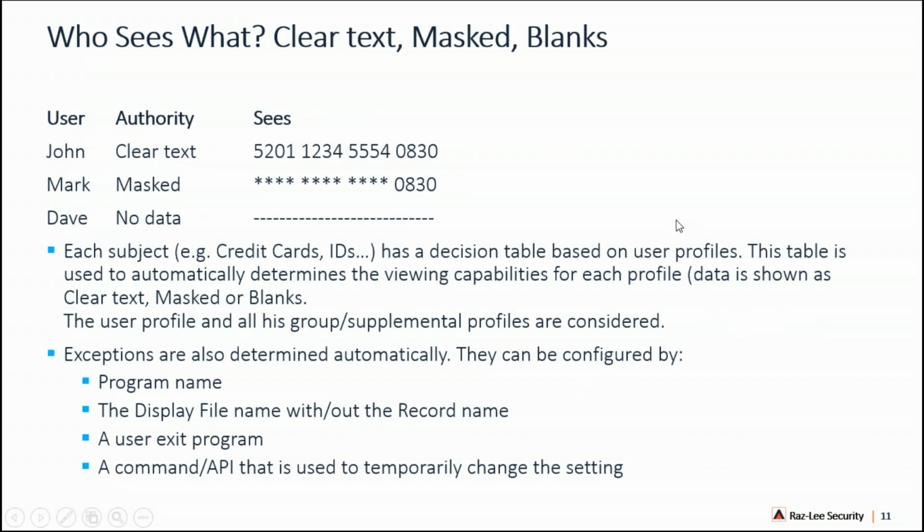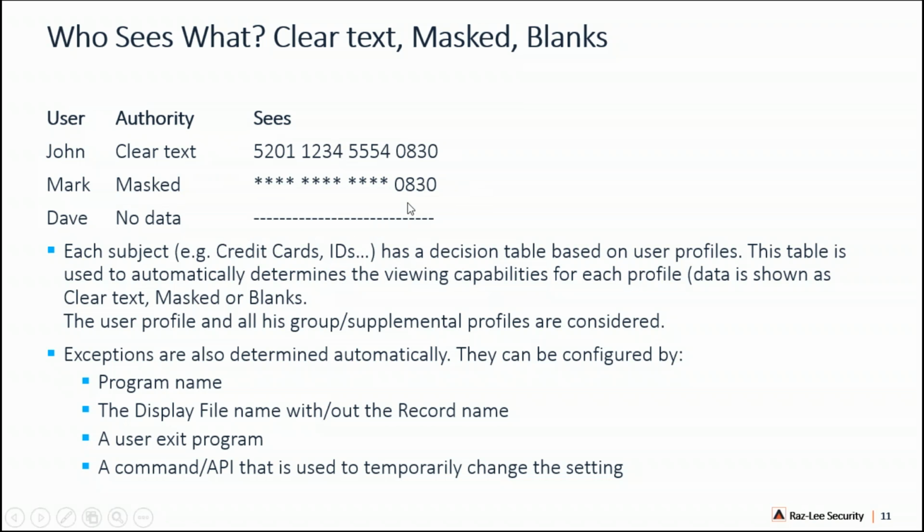The question with encryption is, what do we see? How do we decide whether to show John the clear text? This is called clear text. How are we able to know that Mark, when we speak about credit cards, should see only masked data, while Dave should see nothing?